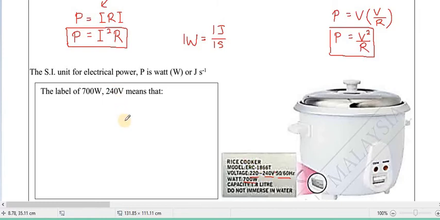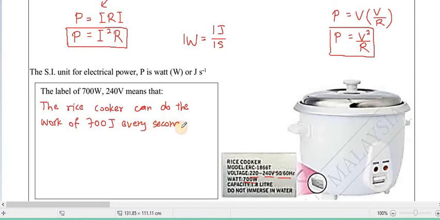So what is the meaning of this label actually? The label of 700 watt, 240 volt means that the rice cooker can do the work of 700 joule every second when supplied with a voltage of 240 volt.